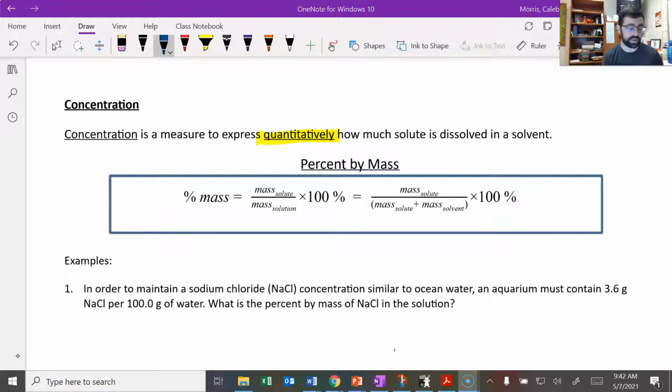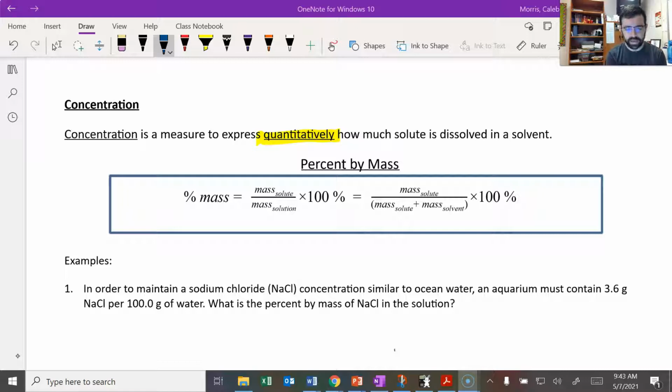And there are actually several different units of concentration. The main one we're going to talk about is molarity, but I wanted to briefly introduce this other one, percent by mass. It's a fairly simple concept, and it's not one we're going to use a ton, but it's something that you should be aware of.